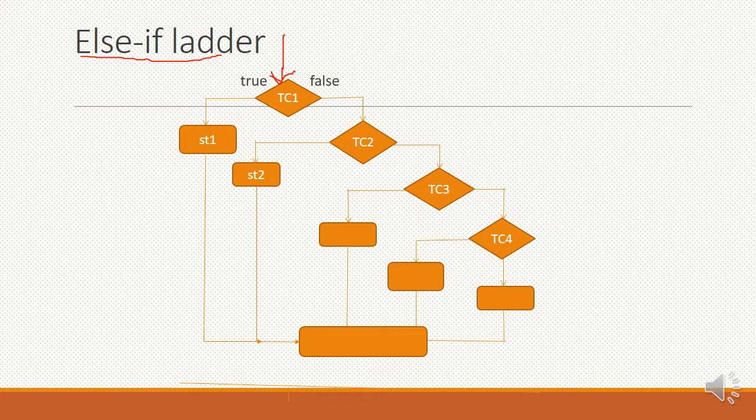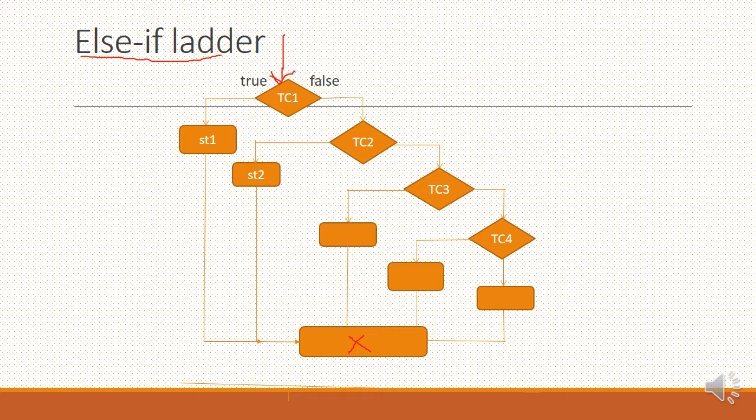Let us see once again. First you write one test condition. If this is true, it is going to execute the true block statement. Then your control goes to the next statement available here. Let us take this as statement X, that is the next statement.